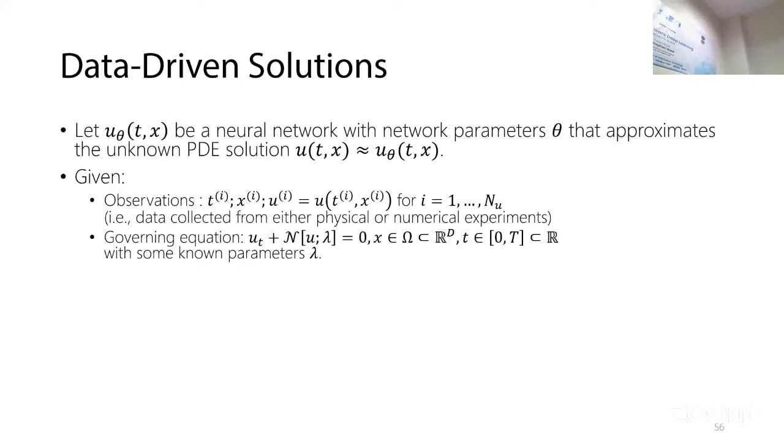Now, the assumption here is that we're given two things. One is data. The data must be given at some time t and physical location x, right? And for those t and x, we expect that there's a corresponding physical value u, right? In terms of the notation, we use the superscript i with parentheses to denote the ith point in your data set.